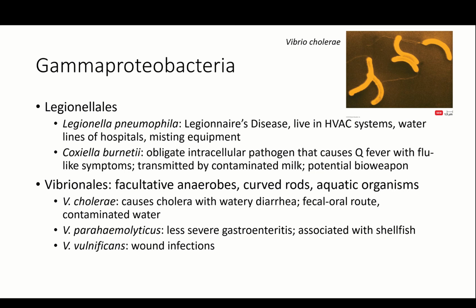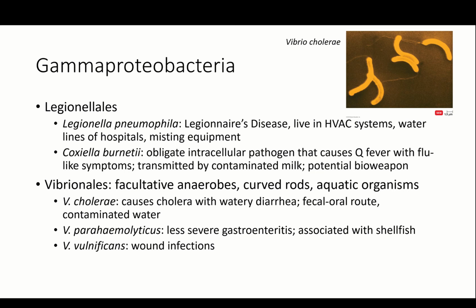And it can cause a panic is the other thing. So it's ordinarily transmitted by contaminated milk, but that likely would not be the case in the event of a biological attack.